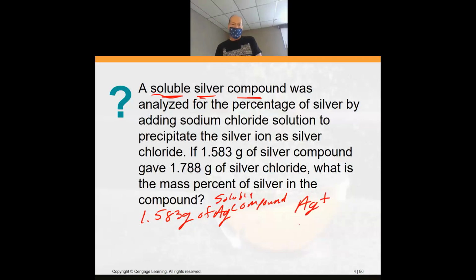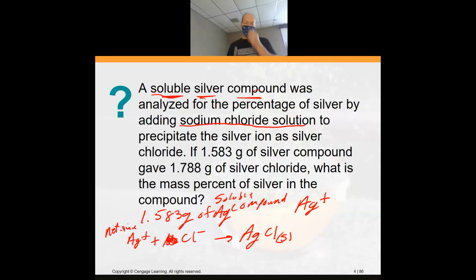Then we added some sodium chloride, NaCl, solution. All sodiums are soluble. Sodium is always a spectator ion. And so what you get is AgCl solid. Since sodium is always a spectator ion, your net ionic is simply Ag plus with Cl minus gives AgCl solid.